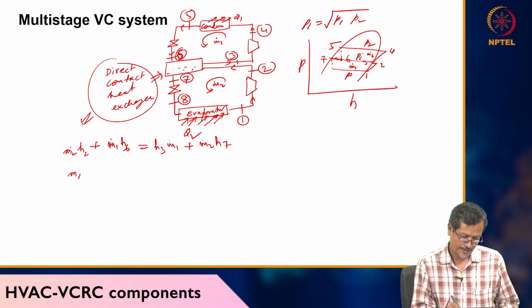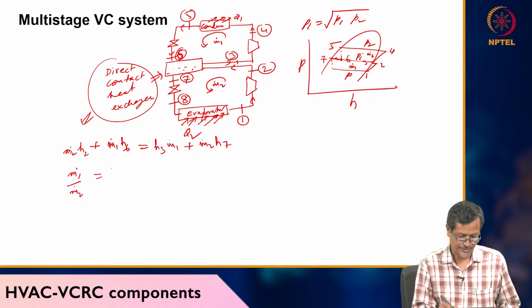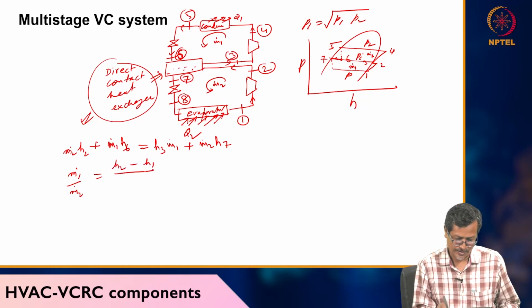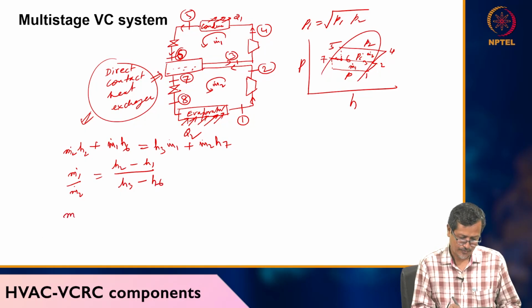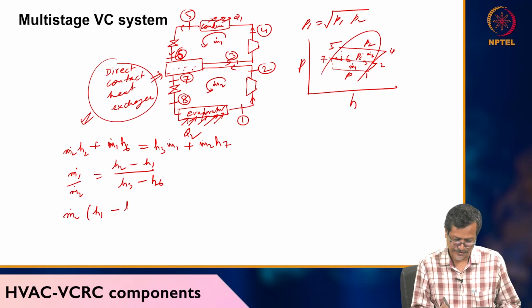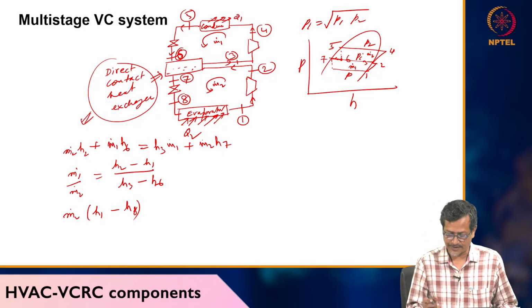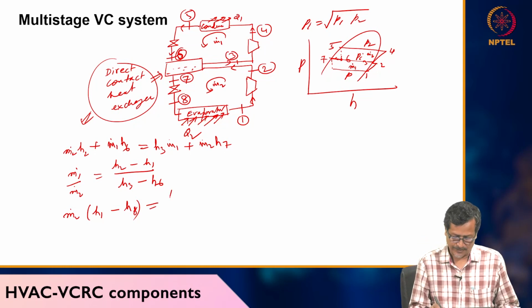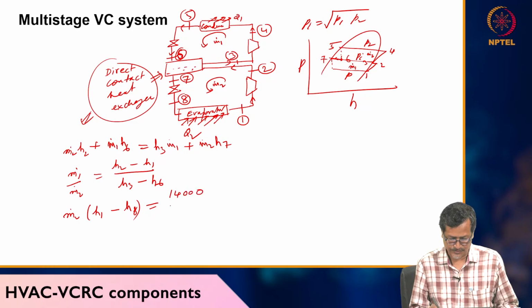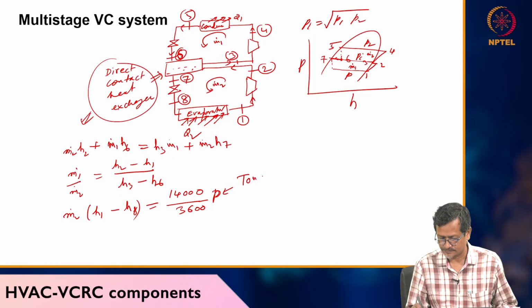So M1 dot by M2 dot, if you rearrange the equation, comes out as H2 minus H7 over H3 minus H6. Now M2 dot times H1 minus H8 is the evaporator effect, it will be 14,000 divided by 3600 into P. You have to remember this formula, P is the tons of refrigeration.